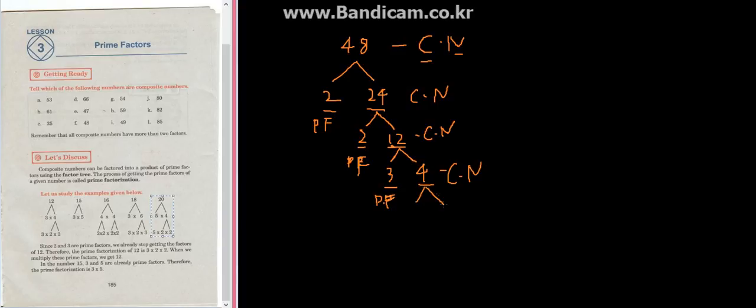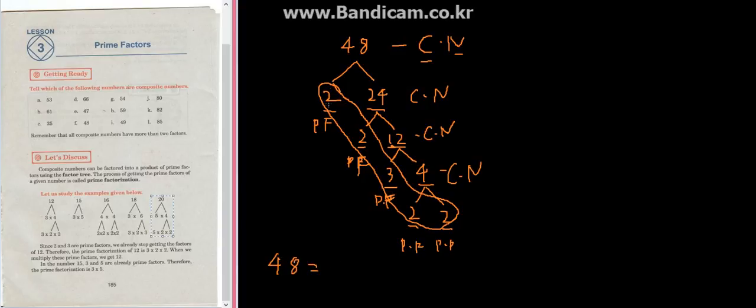And you know the drill. If you divide 4 by 2, the quotient is 2. And these are all prime factors. So what do you do with them? You can just stack all the prime factors. 48 is equal to 2 multiplied by 2 multiplied by 3 multiplied by 2 multiplied by 2.